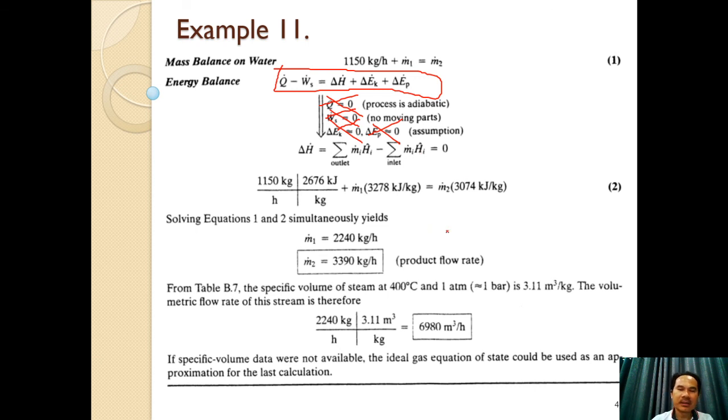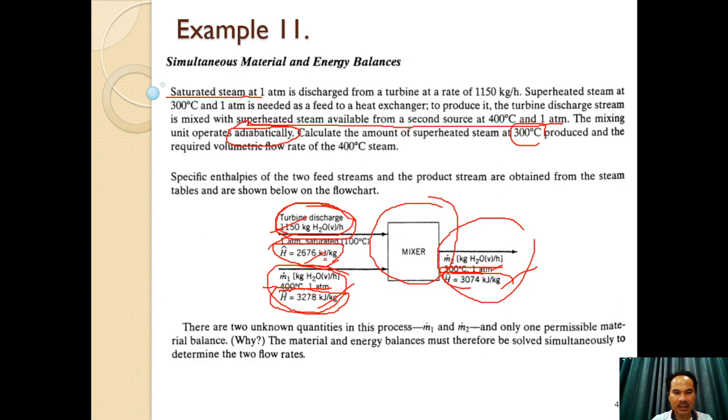You know delta H equals the summation of mH out minus the summation of mH in, so mH out equals mH in. Input we have two streams.